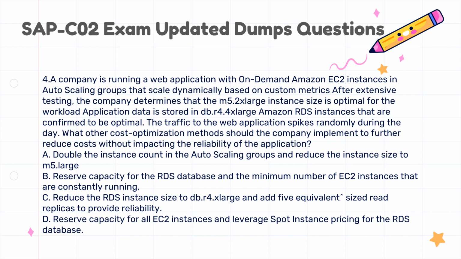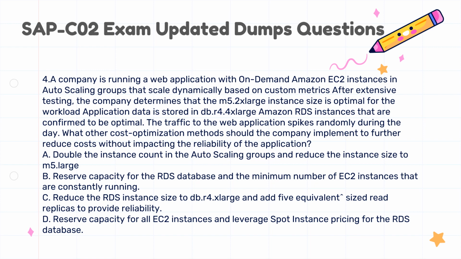Application data is stored in db.R4 4xlarge Amazon RDS instances that are confirmed to be optimal. The traffic to the web application spikes randomly during the day. What other cost optimization methods should the company implement to further reduce costs without impacting the reliability of the application?